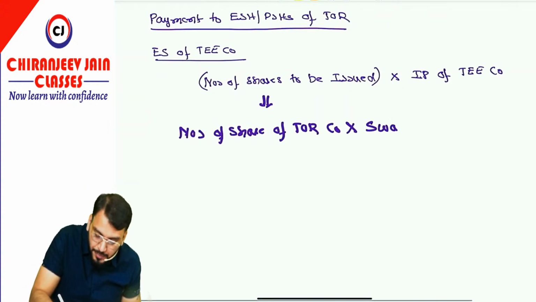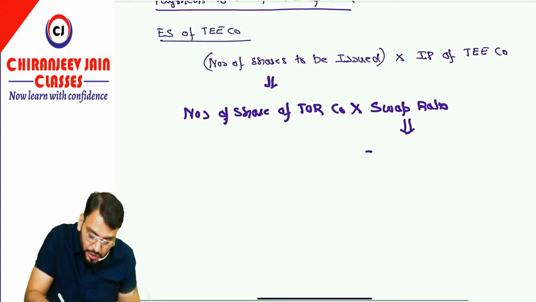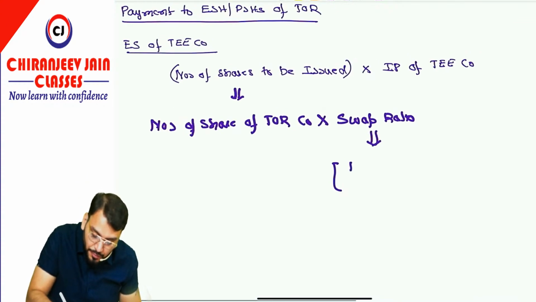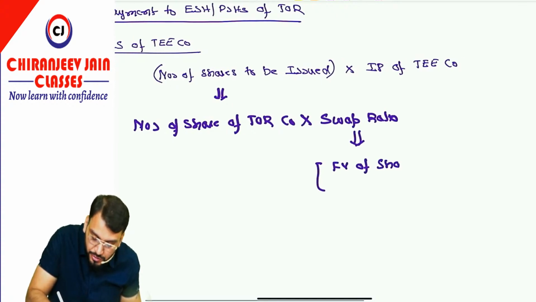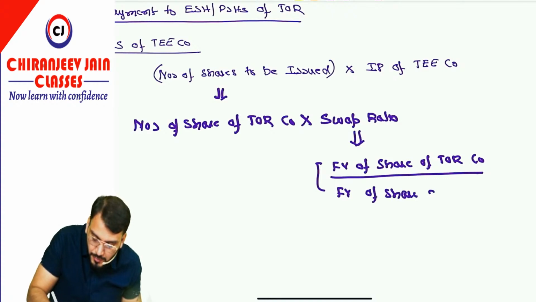Now sometimes swap ratio is not given directly. In that case, swap ratio will be equal to fair value of shares of the transferor company divided by fair value of shares of the transferee company.